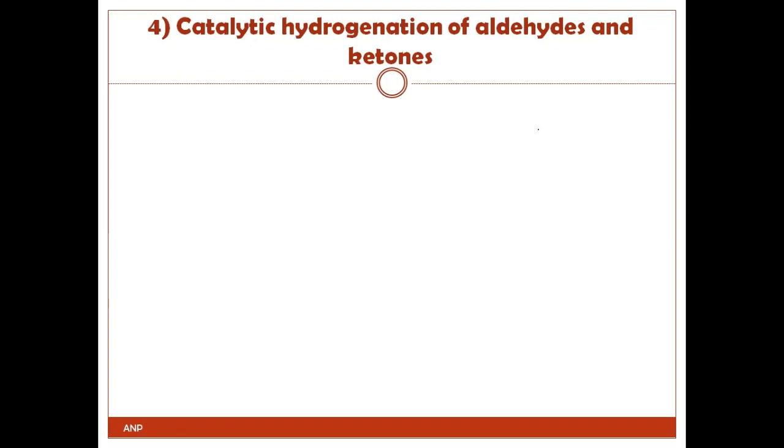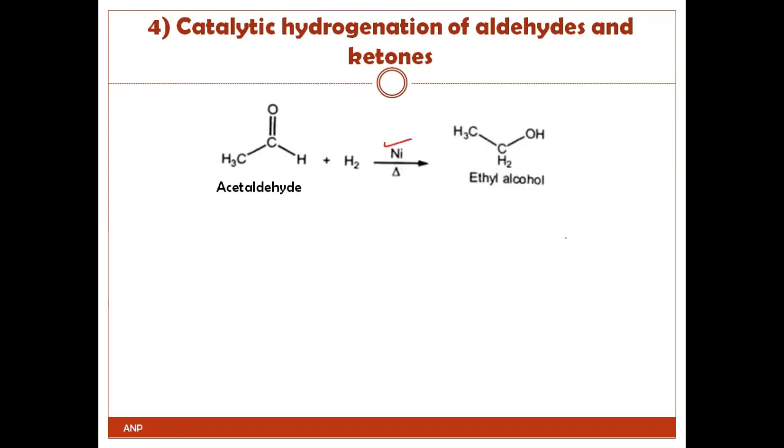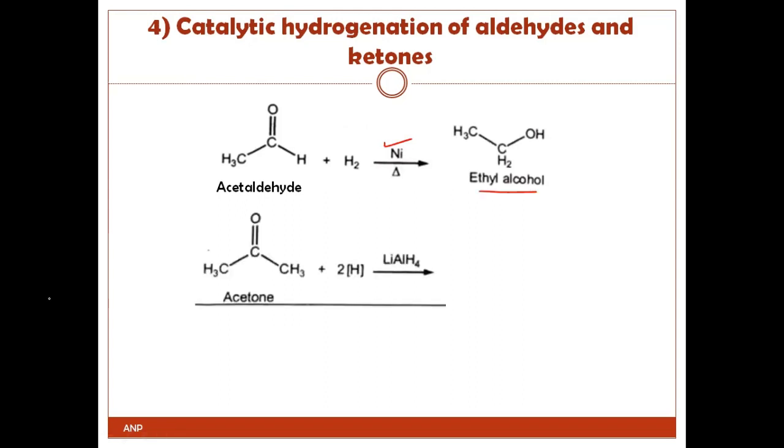Aldehyde gives primary alcohols and ketone gives secondary alcohol. Aldehyde, when hydrogenated in presence of nickel, gives ethanol, ethyl alcohol. And when ketone, for example acetone, undergoes hydrogenation, it gives isopropyl alcohol.